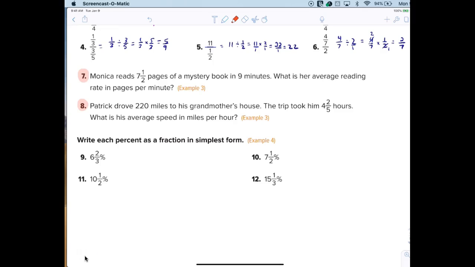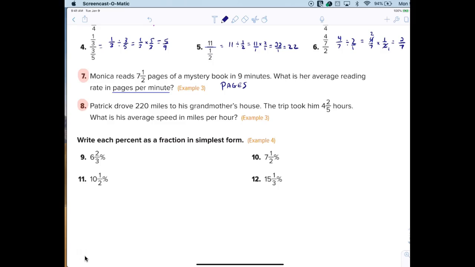Now, I want everybody to write down, this is the key right here. It says pages, and what does per mean in math? Say it. Of course, divide, because that's what we've been doing.